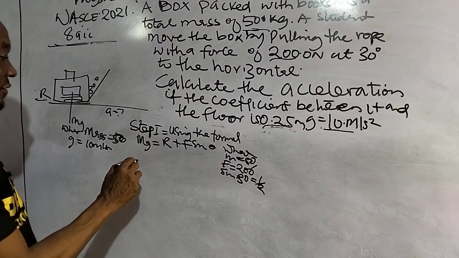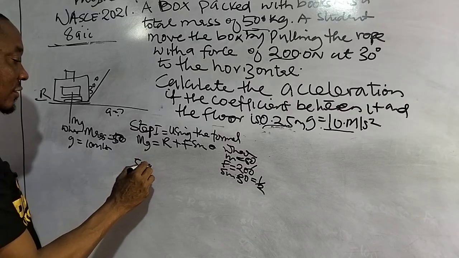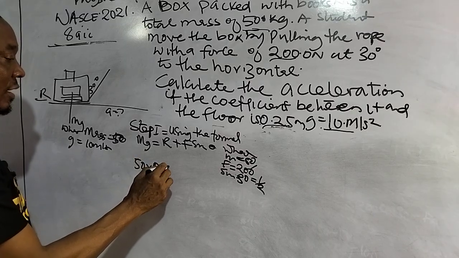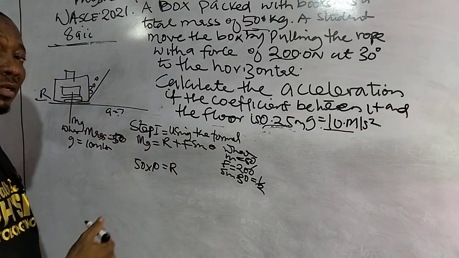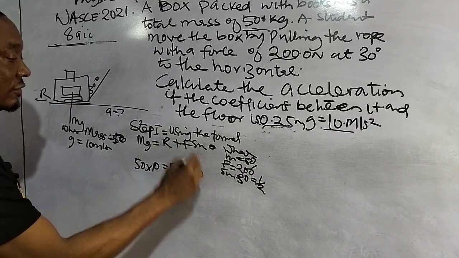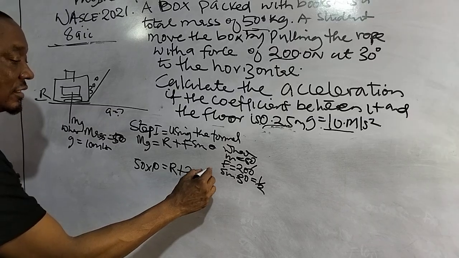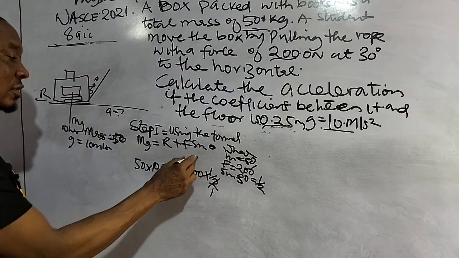So we substitute these values. m is 50 times 10 equals R plus F sine theta. R is what we are calculating, the normal reaction between the floor and the box. Then plus F, 200 is given, times sine 30, which is a half. So we multiply: the 2 cancels, leaving 1.